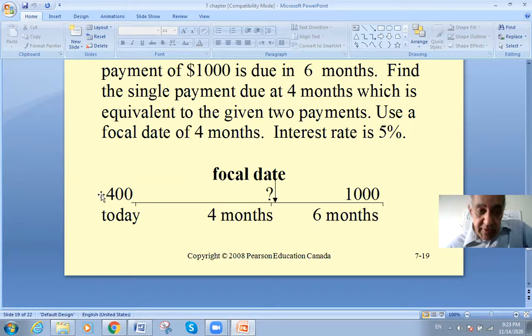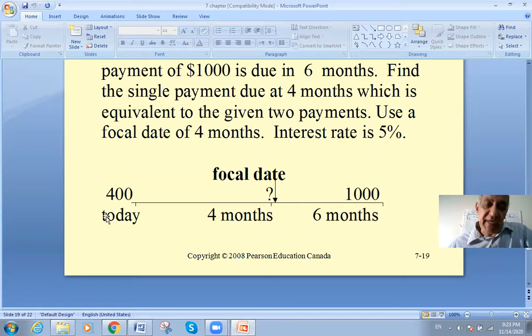But this 1,000 you will get backward. Backward is the present value, so you have to get the present value.